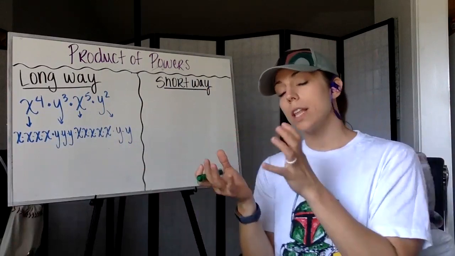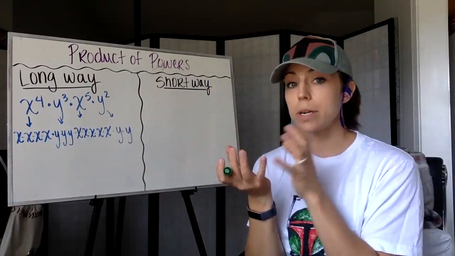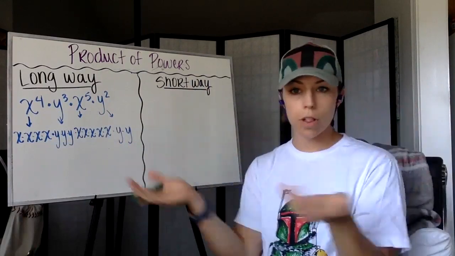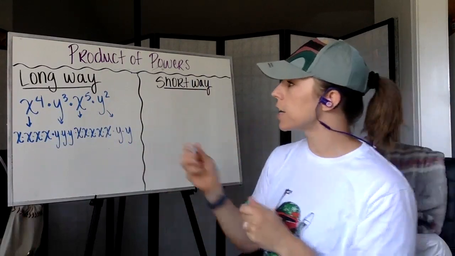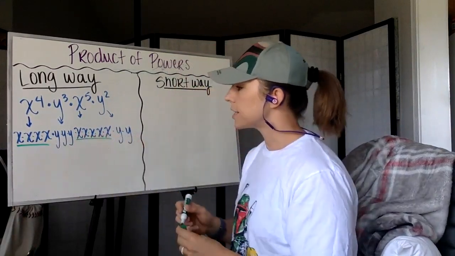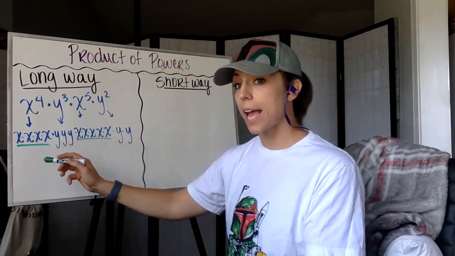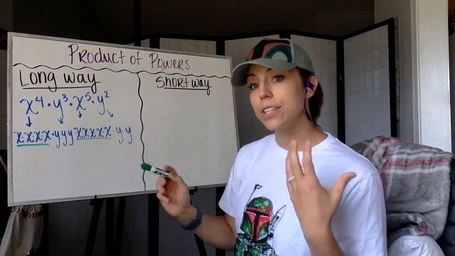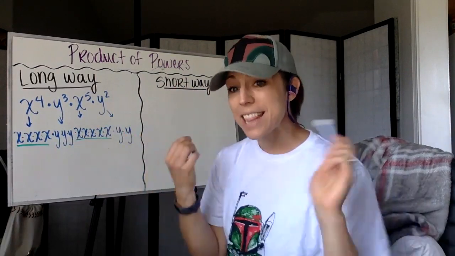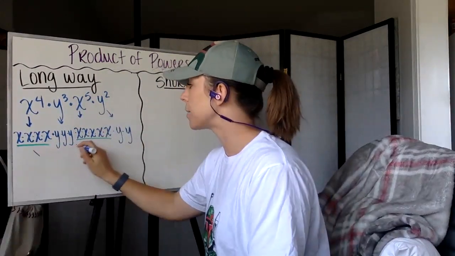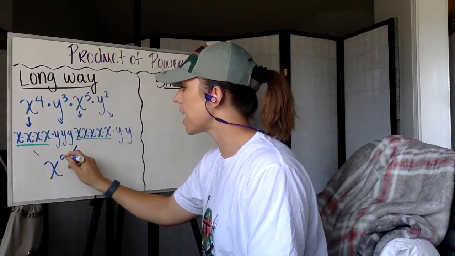Now, we can only write single powers out of powers that have the same base. So in other words, total up all the x's and total up all the y's. I've got 4 x's here and 5 x's there. So really, I'm multiplying x by itself 1, 2, 3, 4, 5, 6, 7, 8, 9 total times. So I can write that as a single power: x times itself 9 times is x to the 9th.